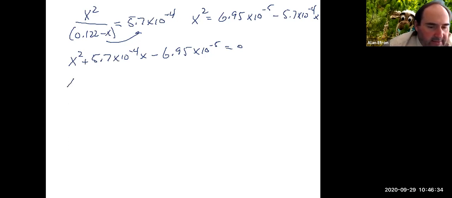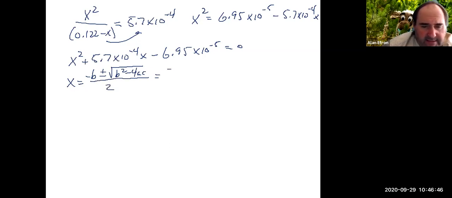Going into x is equal to minus b plus or minus the square root of b squared minus 4ac, divided by 2. Putting in some numbers gives us minus 5.7 times 10 to the minus 4 plus or minus the square root part, which I'm going to clean up. I take 5.7 to the minus 4 and square it, then minus 4 times 1 times c, which is minus 6.95 to the minus 5.